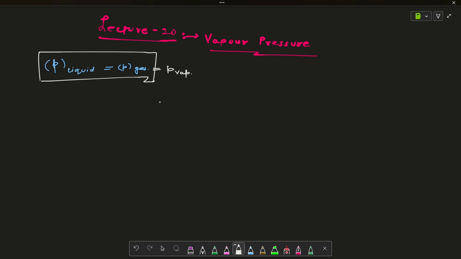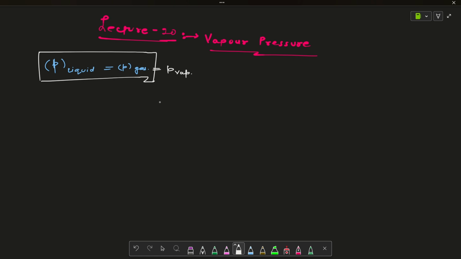For example, when you start heating water, it usually boils at 100 degrees Celsius, right? The water in the liquid phase and the water in the gaseous phase both have equal pressure.